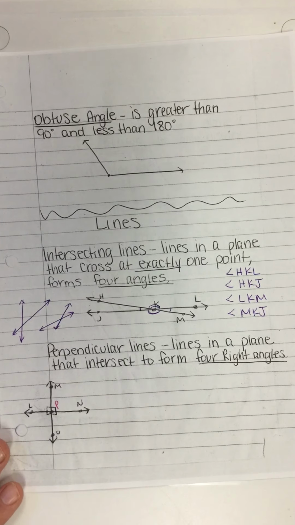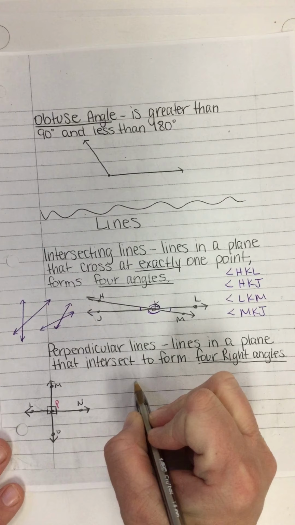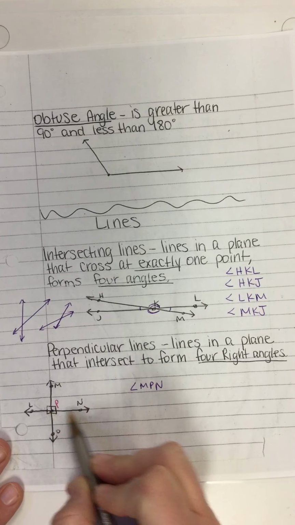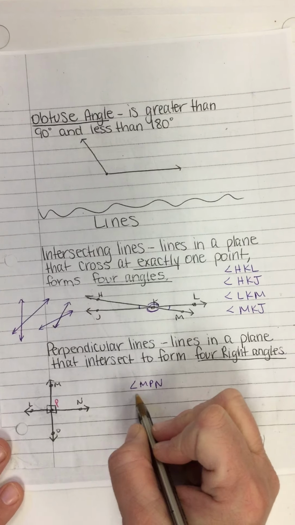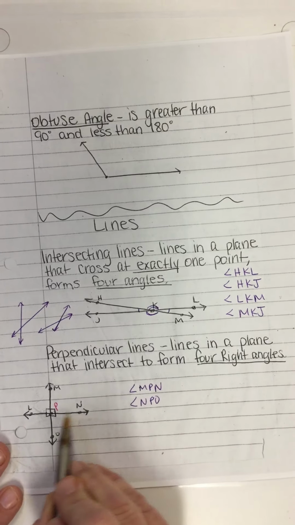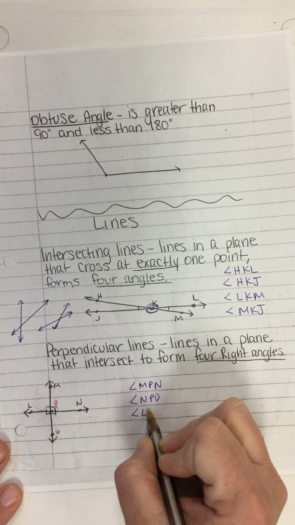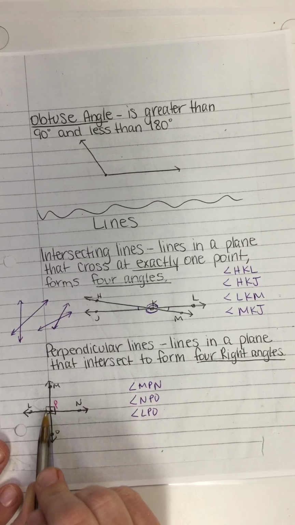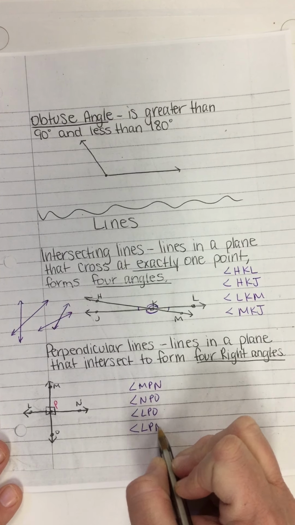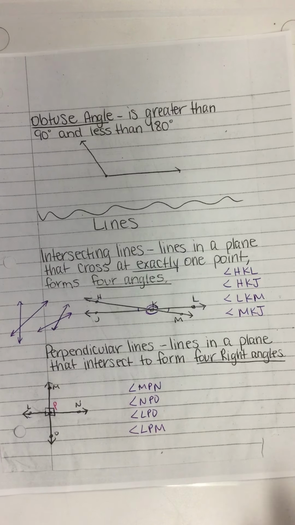A perpendicular line, on the other hand, will have four right angles. So angle MPN is a right angle. Angle NPO is a right angle. Angle LPO, and then angle LPM. Those are four right angles.